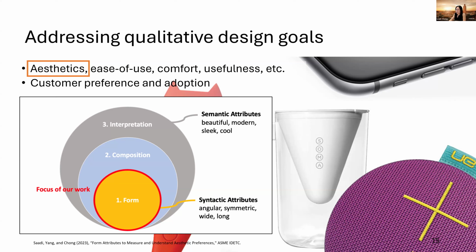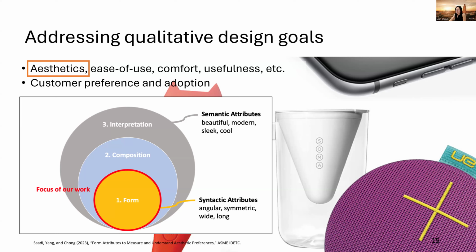So this is really syntactic attributes like it's angular and it's symmetric, wide, long. So it's a description of the visual aspects of the design. And then the larger group of that is composition of the design, and then finally interpretation, which is a little bit more of semantic attributes, descriptions like beautiful, modern, sleek, cool.